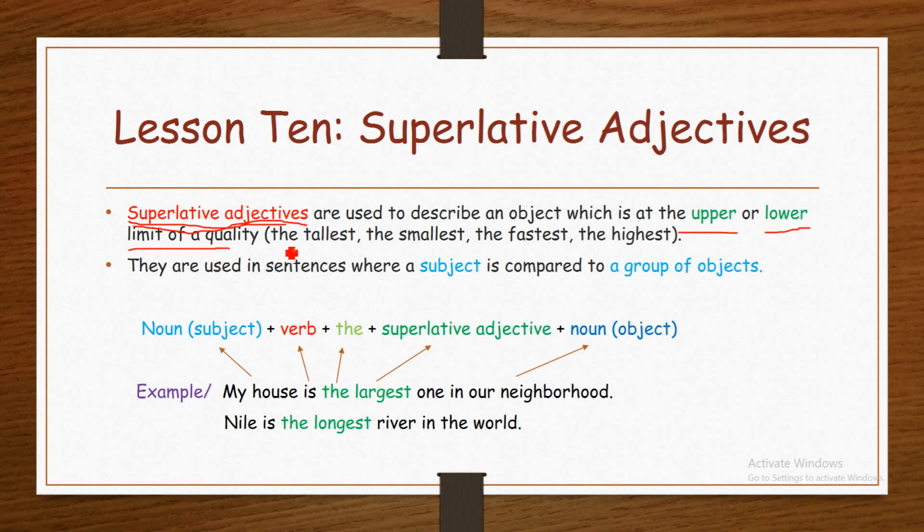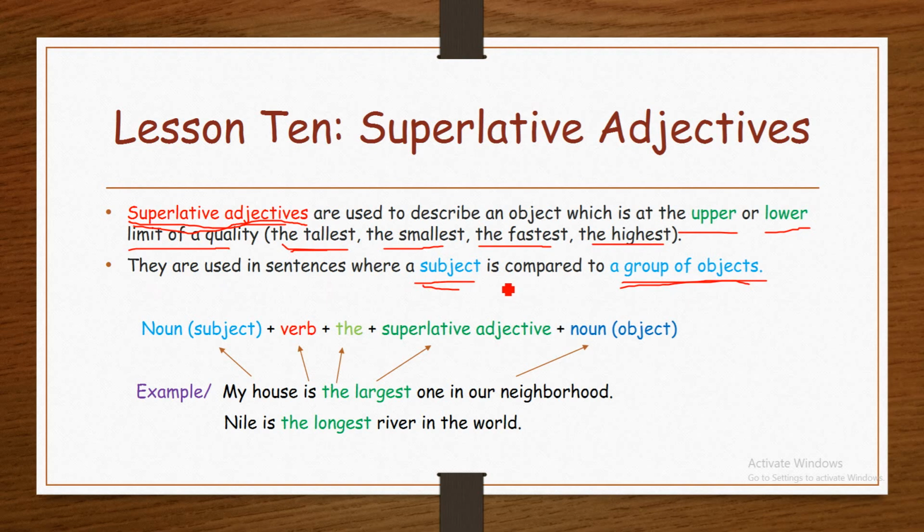For example, the tallest, the smallest, the fastest, the highest. They are used in sentences where a subject is compared to a group of objects.